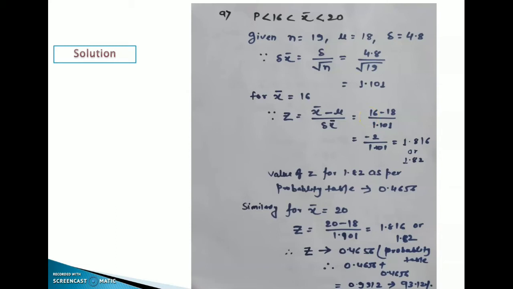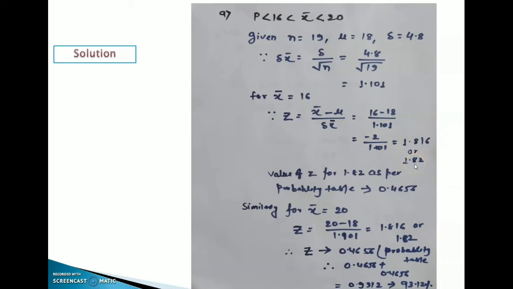Here x bar is 16, mu is 18 and sigma x bar is 1.101. 16 minus 18 is minus 2. We will ignore the negative sign and take just 2.